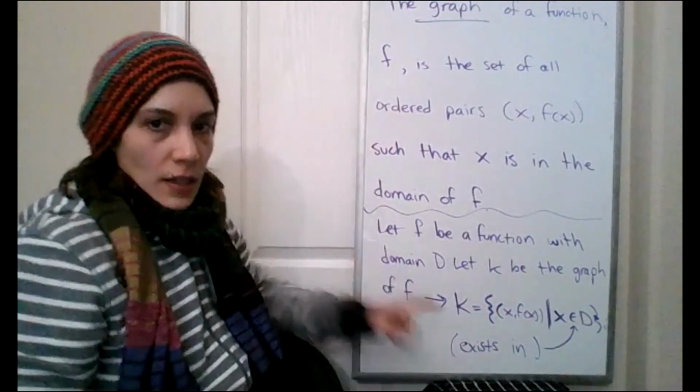Okay, so all ordered pairs (x, f(x)) such that x is in the domain of f.